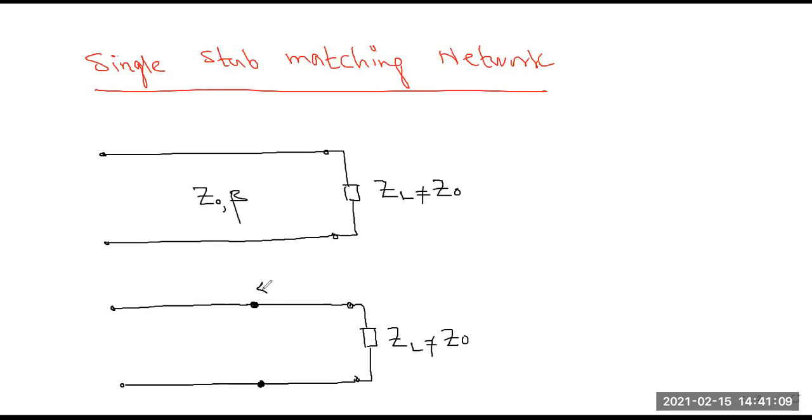We will find out what is the role of this parameter, but let me represent it with this notation d. This d is the distance at which you will connect the stub from the load position.